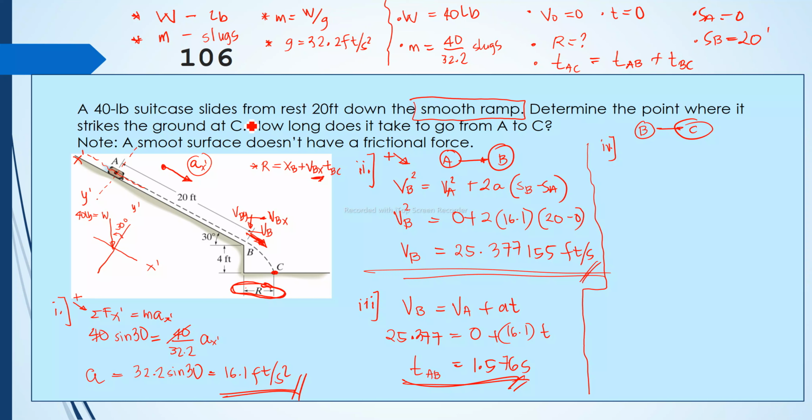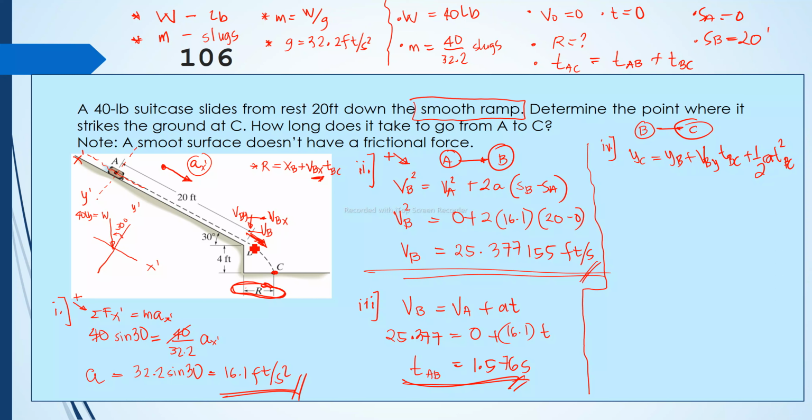the displacement formula along y. That is, the final height at C is equal to the initial height at B plus the velocity along y of B times the time from B to C plus 1/2 times the acceleration times the time from B to C squared.